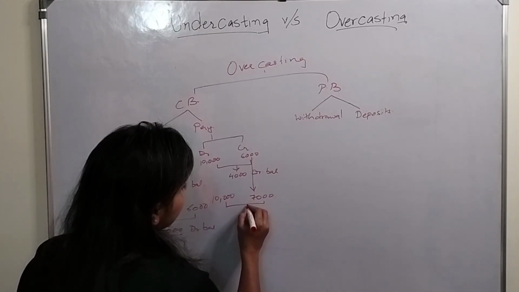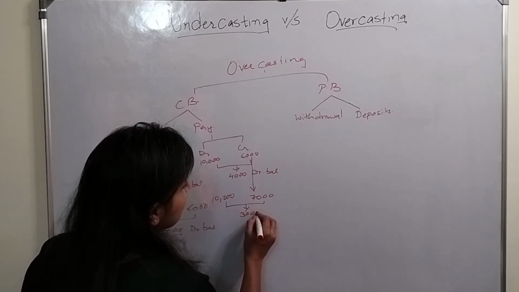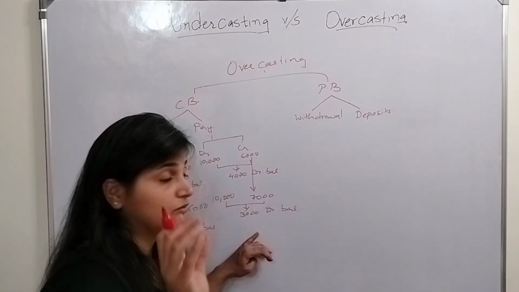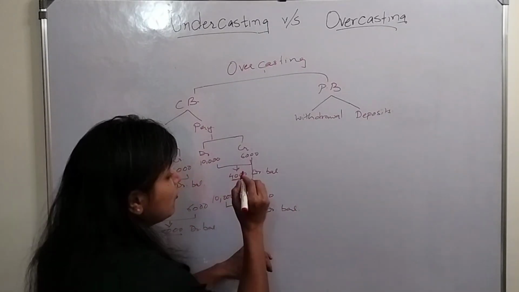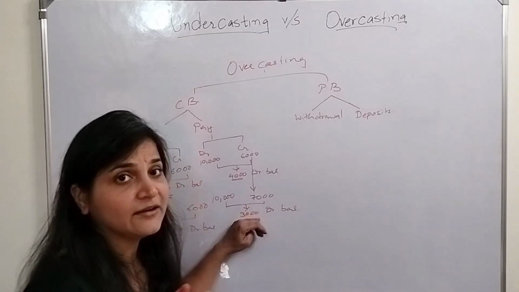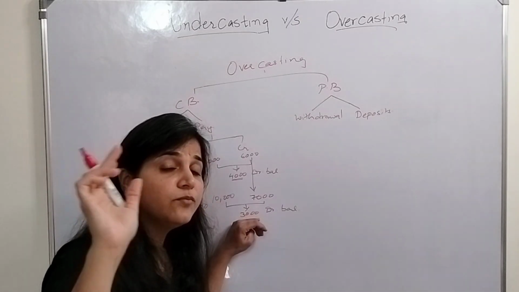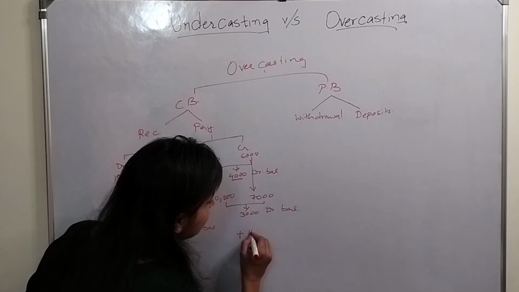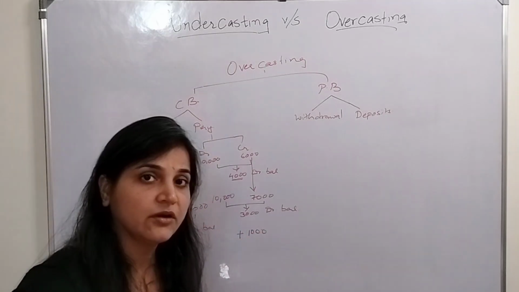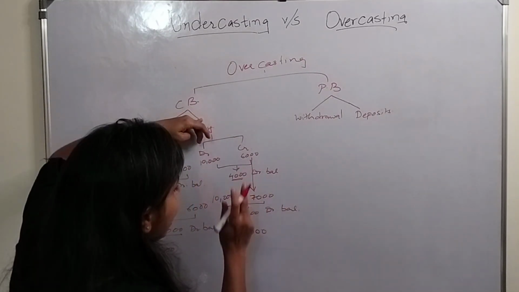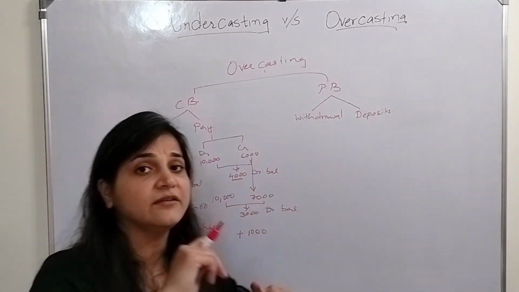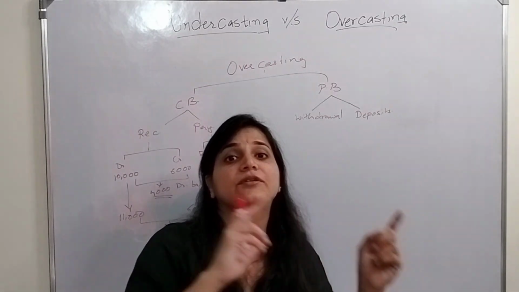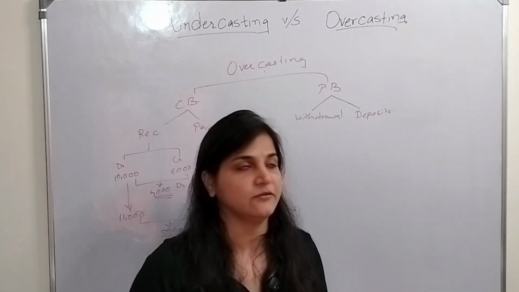Now my debit balance is showing 3,000, whereas it should actually show 4,000. So to my cash book balance, I will add 1,000, because I have committed an error in my cash book balance and I need to reconcile it with the passbook.